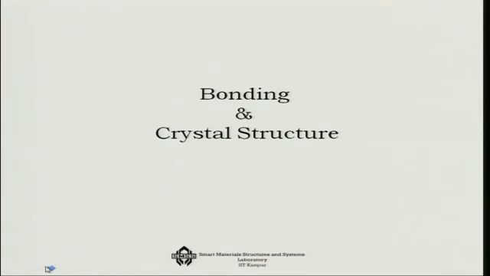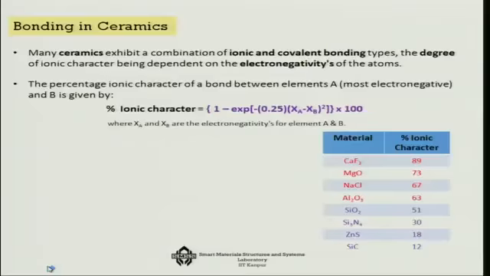Now we will discuss about the bonding and crystal structure of ceramics. As I told you, the bonding in ceramics can be either ionic or covalent bond, or can be both actually. So depending on the typical compound, you can find out what is the percentage of ionic character.